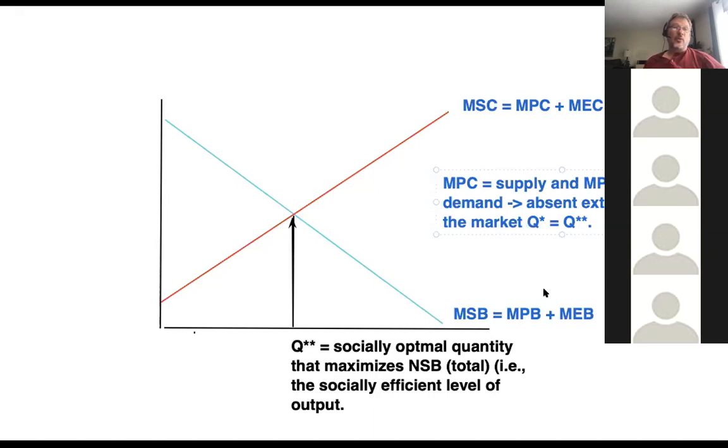And so again, the main point is that the rainforests provide this external benefit, and if there's no payment, then there won't be the efficient amount of rainforests.